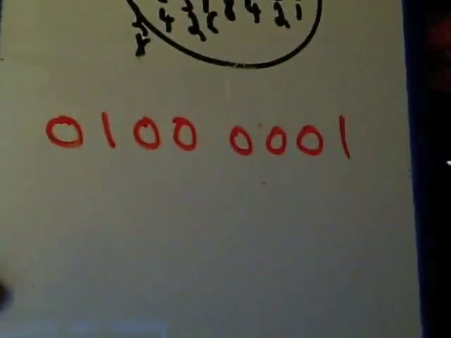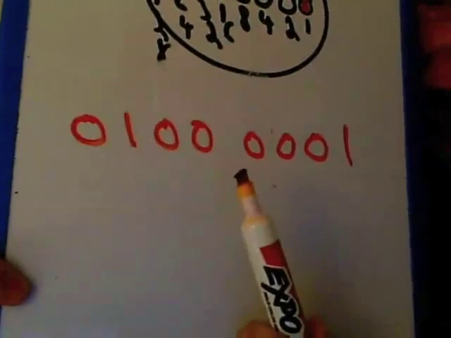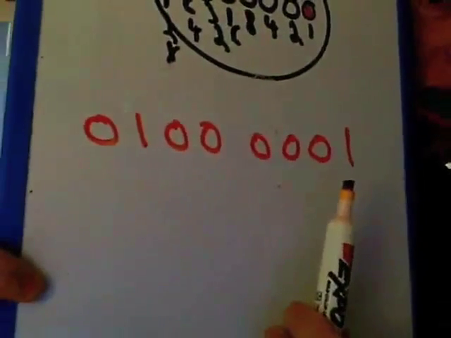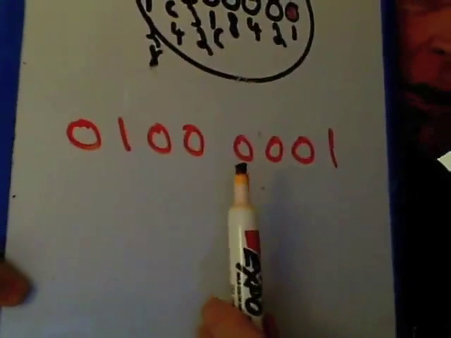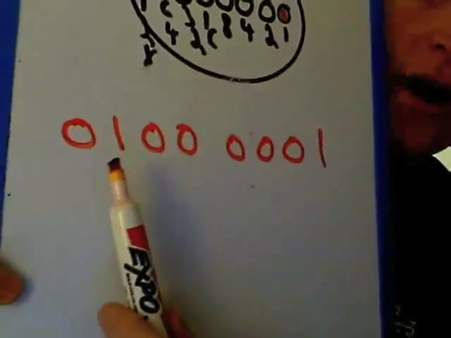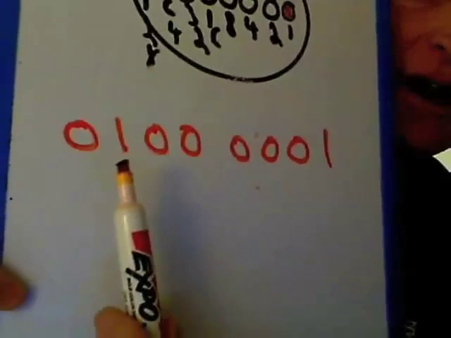Let's take a look at that. Okay, so if you take a look at that, what we have here is we have 1 1, no 2s, no 4s, no 8s, no 16s, no 32s. We have 1 64 and no 128s. You take the 64 and the 1 and you add them together and you get 65.